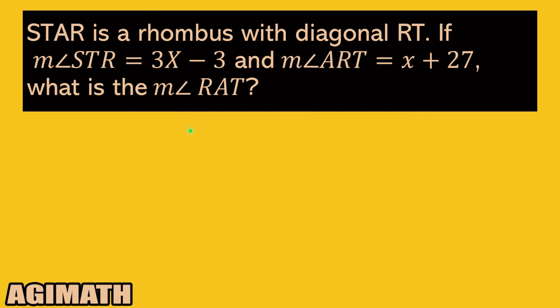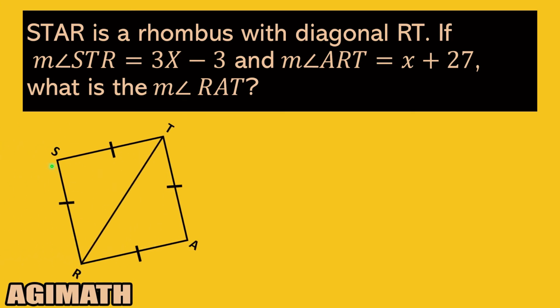Again, we need to illustrate rhombus STAR, and then one of the characteristics of the rhombus is all the sides are congruent. And then the given measure of angle STR. Angle STR is located, you follow STR.